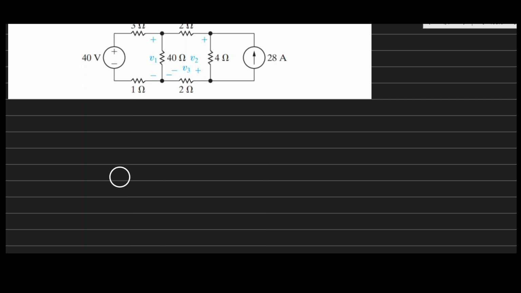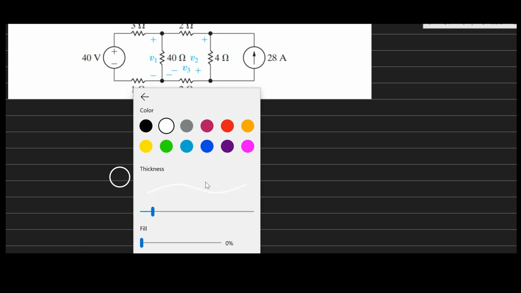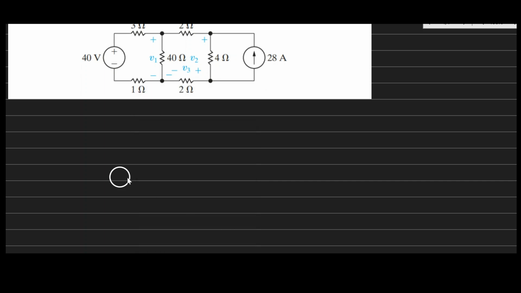This is a voltage source here. From this voltage source, I need a resistor there. This resistor I'm going to put here is a combination of the 1 ohm resistor and the 3 ohm resistor. And here again there's another resistor.